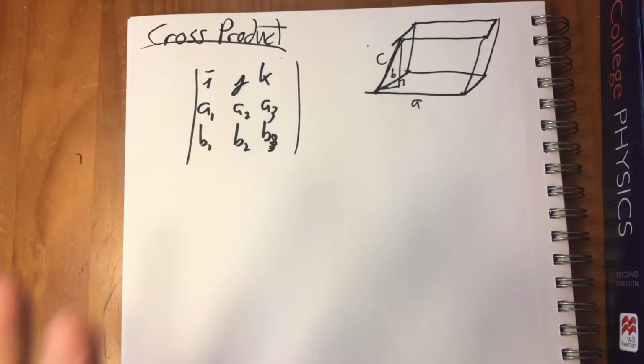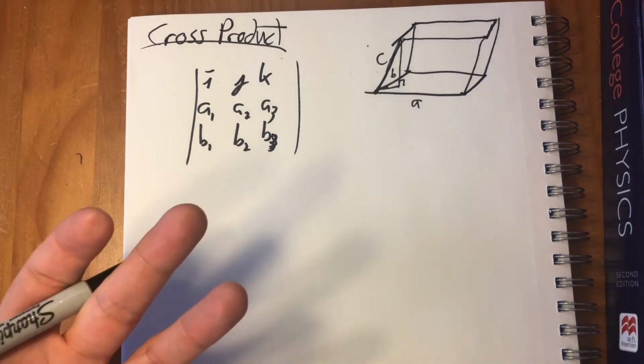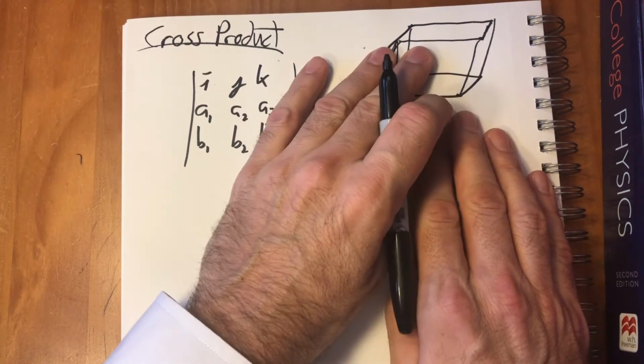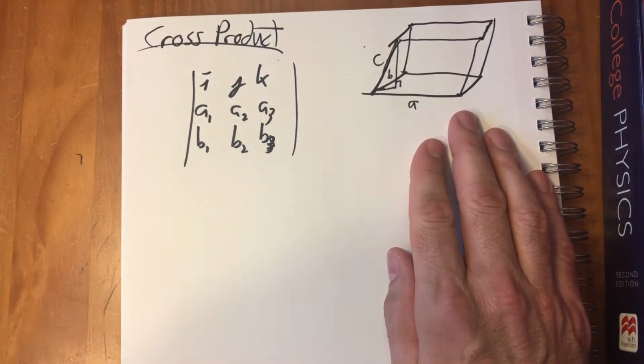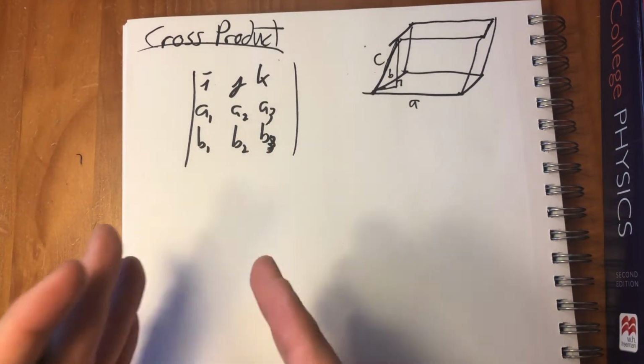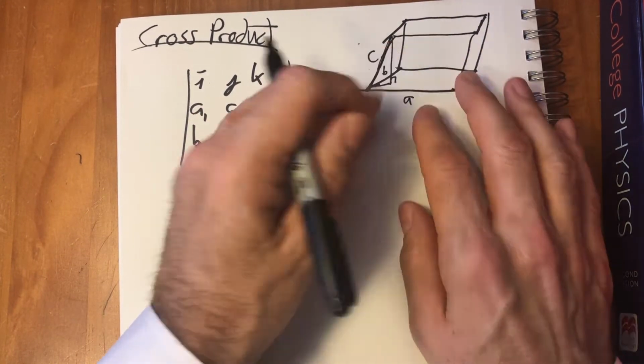The cross product isn't really a thing on its own. It is sort of everything that's left in order to find the volume of this. And I'll show you what that means in a minute. But basically, it's just a construct that fills in the information that we need in order to get the volume of three vectors in 3D space.